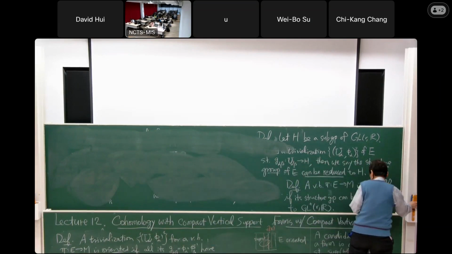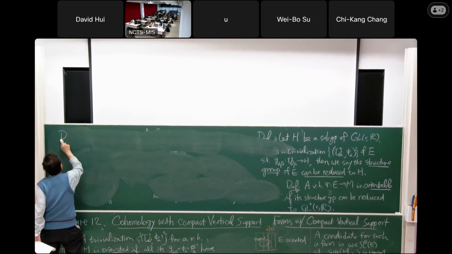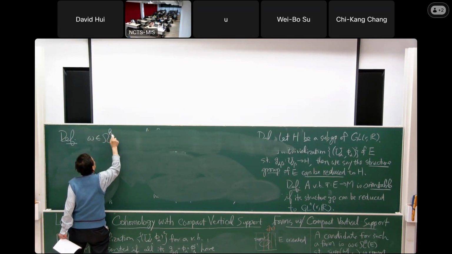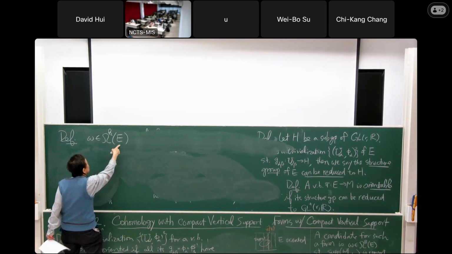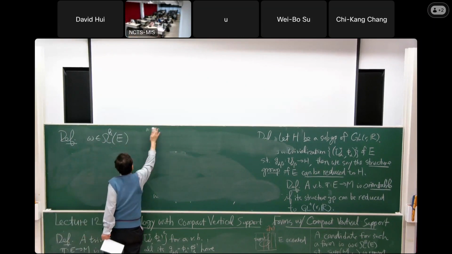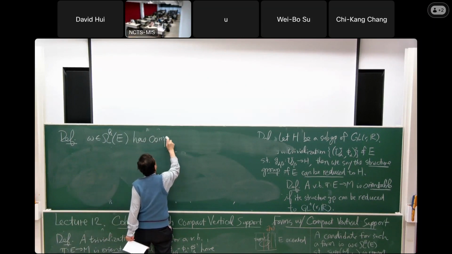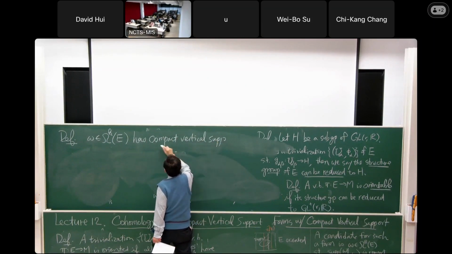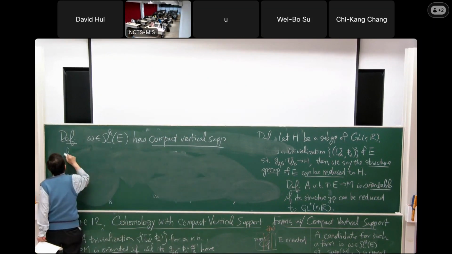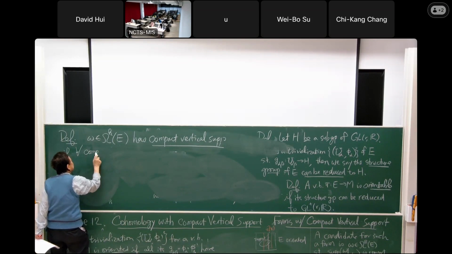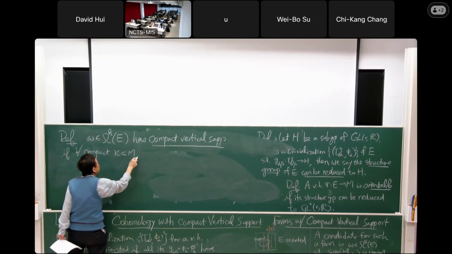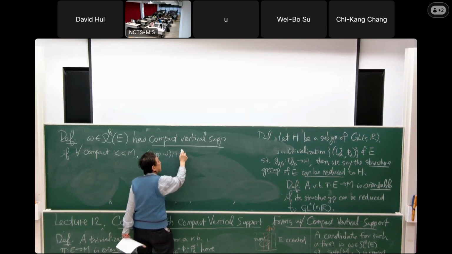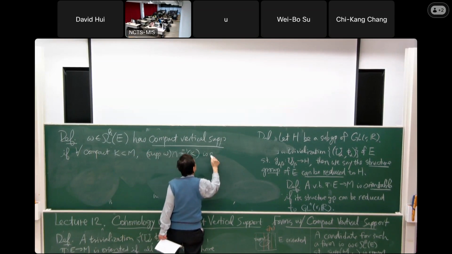A smooth form omega on the total space E of the vector bundle has compact vertical support if for every compact set K in M, the support of omega intersected with pi inverse of K is compact.